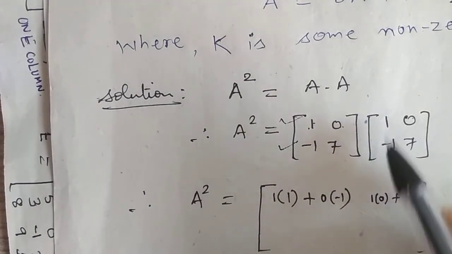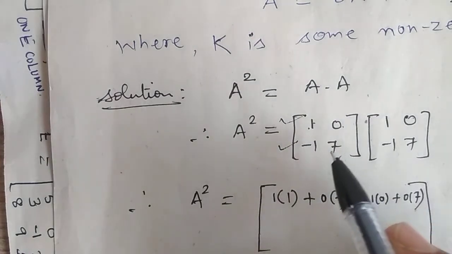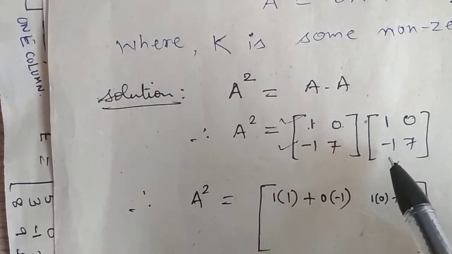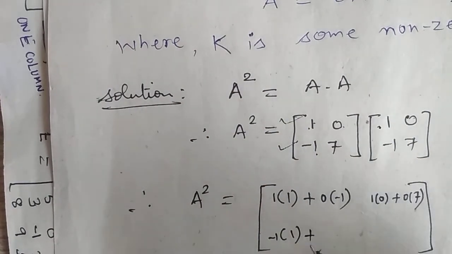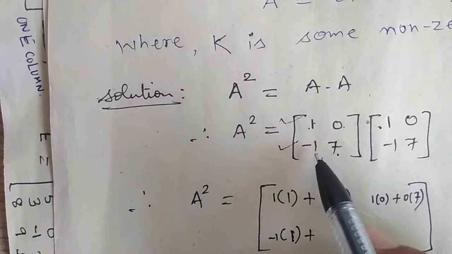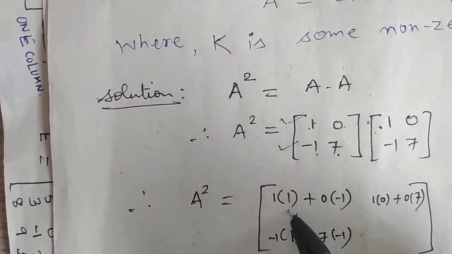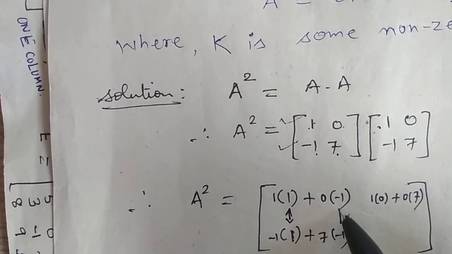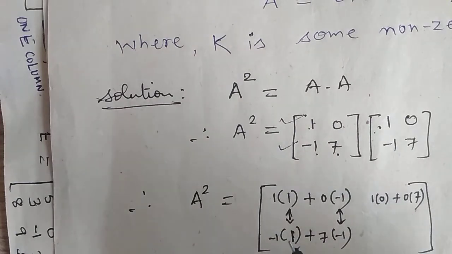Second row, first column element can be obtained by multiplying the second row of the first matrix with the first column of the second matrix. So -1 into 1 plus 7 into -1. Here we should always note that the column elements are the same and horizontally the row elements are the same.